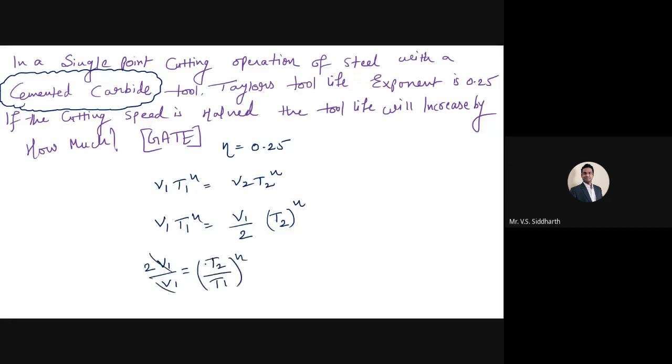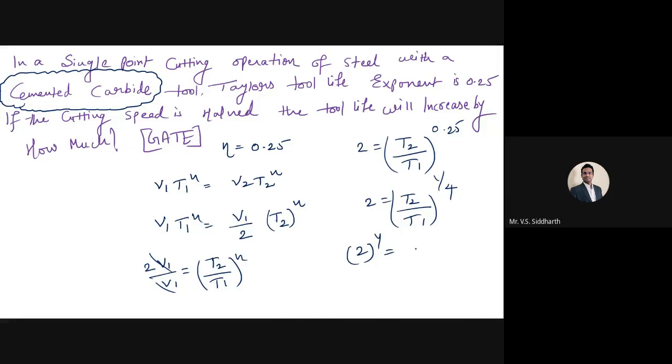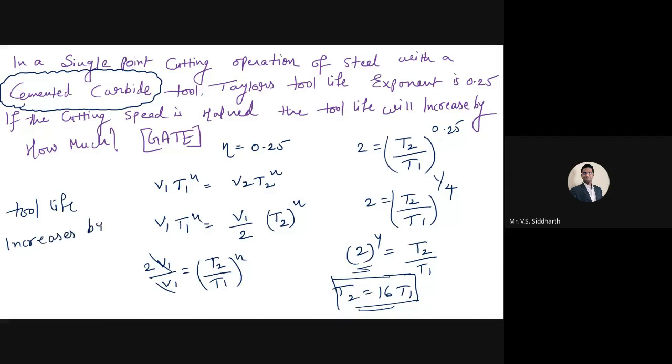So this 2 and this 2 will get cancelled. Here you will have 2 equal to t2 by t1 to the power 0.25. 0.25 is nothing but 1 by 4. So this 4 will go there. It will become 2 to the power 4 equals t2 by t1. So t2 equals 2 to the power 4, which is 16 times t1. So the tool life will increase by 16 times.